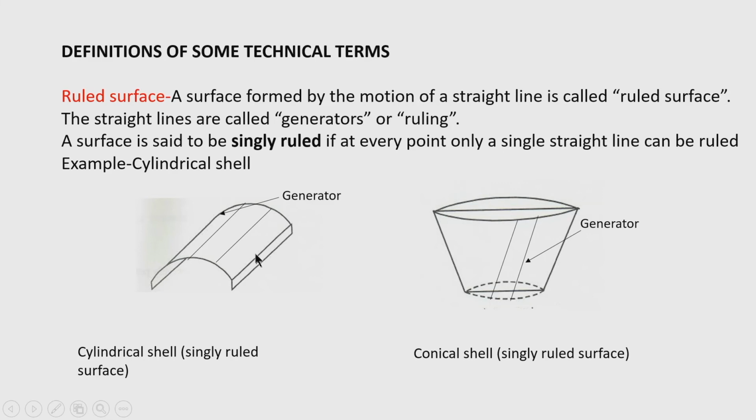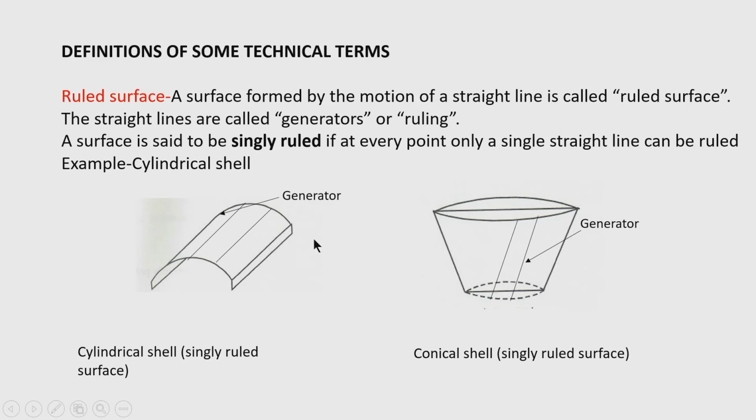When the generator moves over the directrix, a surface is formed and that surface is known as a ruled surface. So, straight lines are called generators or rulings. The straight line has to be moved along the curve.